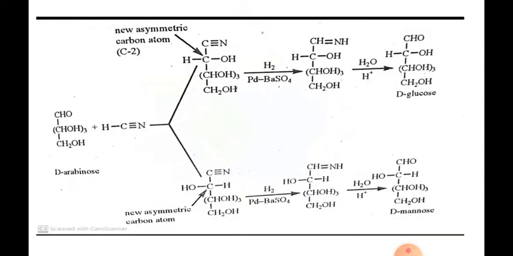See, this is the reaction where we start with D-arabinose. D-arabinose reacts with HCN. See what is happening. There is a carbonyl group which on polarization will develop positive charge on carbon and negative charge on oxygen, because oxygen is more electronegative.